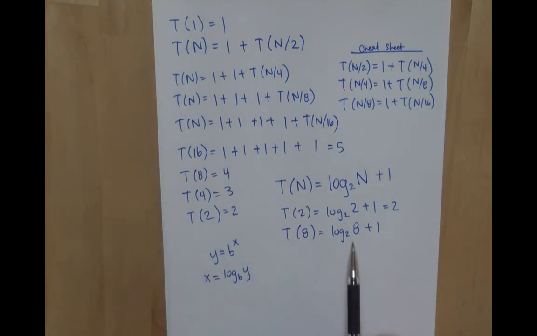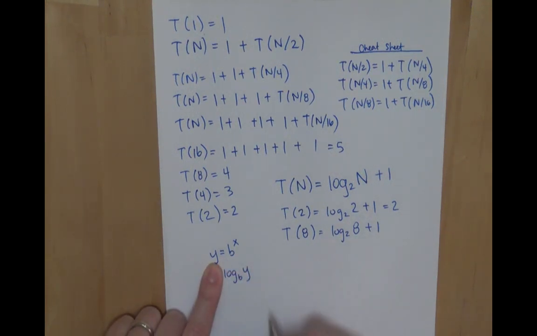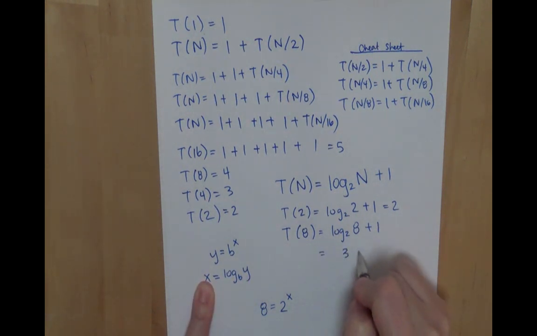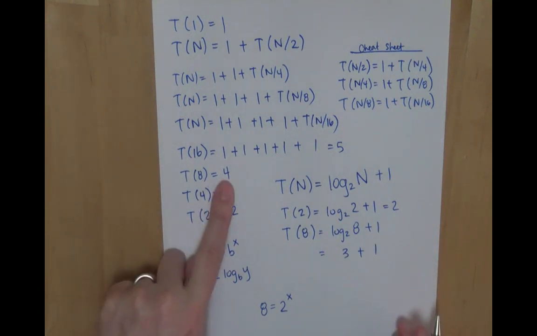So here my b is 2 and my y is 8. We're trying to solve for the x here. So I have 8 equals 2 to the what? And that's what this log is really calculating. I know that x here has to be 3, and that means that the log base 2 of 8 is 3. So here I get 3 plus 1, which is what we got there.